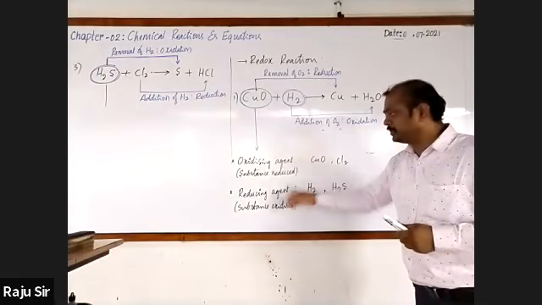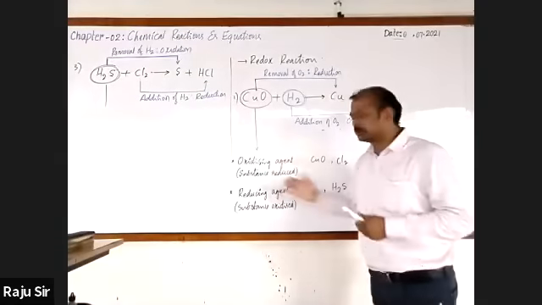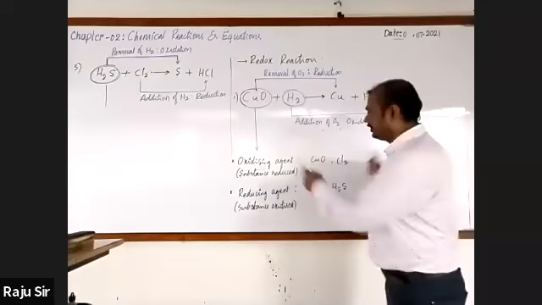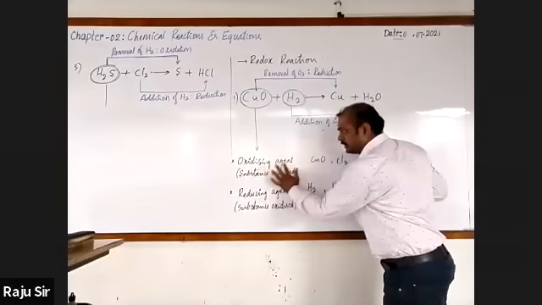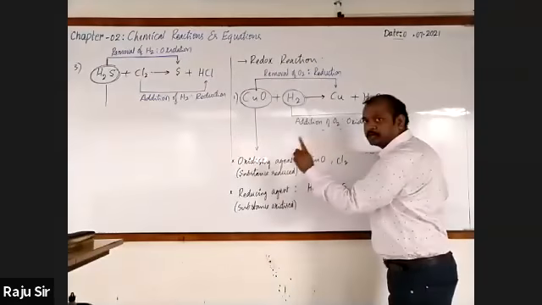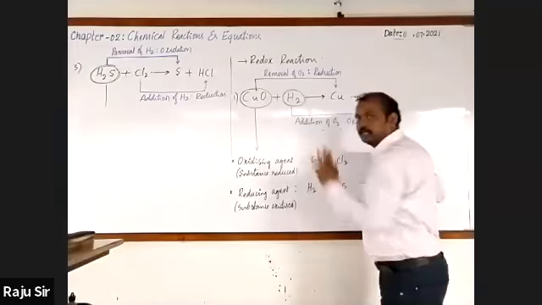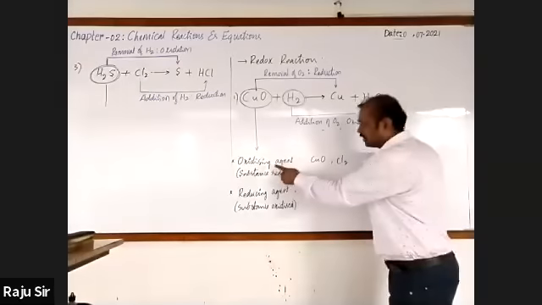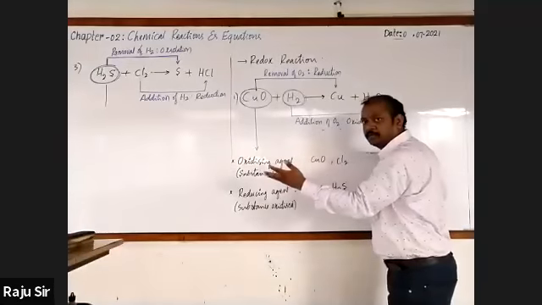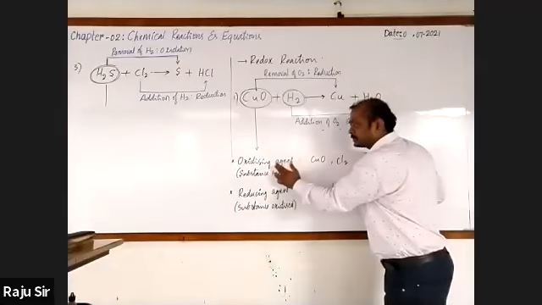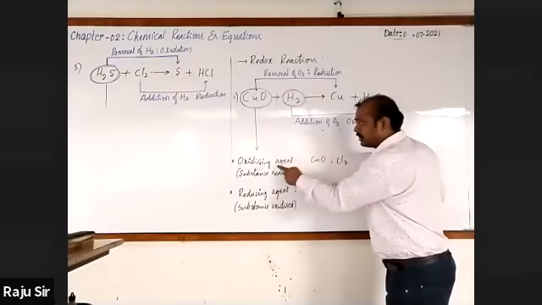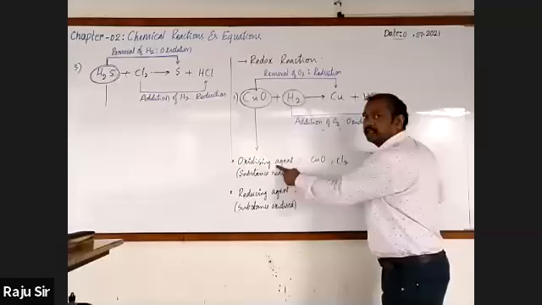Once I tell the definitions of both, listen carefully. Oxidizing agent: the substance which gives oxygen for oxidation is called oxidizing agent. It can also be defined as the substance which removes hydrogen for oxidation.